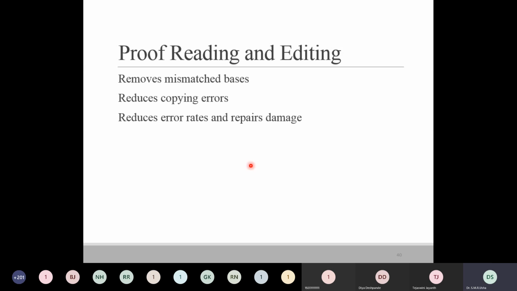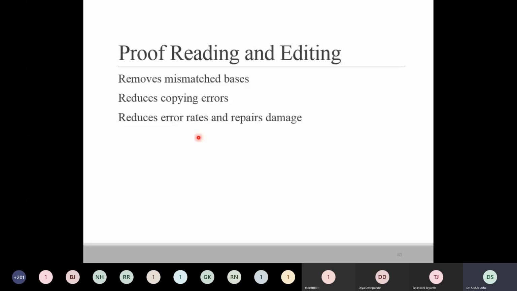This is the importance of proofreading. By proofreading, it can remove any mismatched base. If a wrong base has been added, it will remove it. Because of removal, it reduces copying errors. By reducing copying errors, it can reduce mutations.